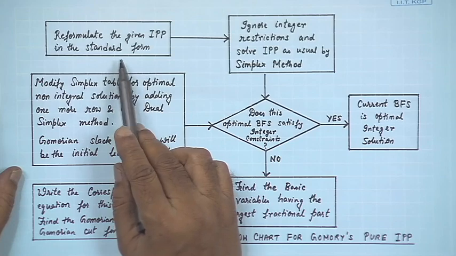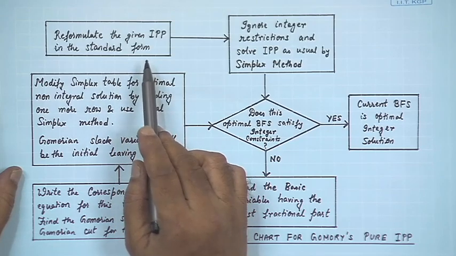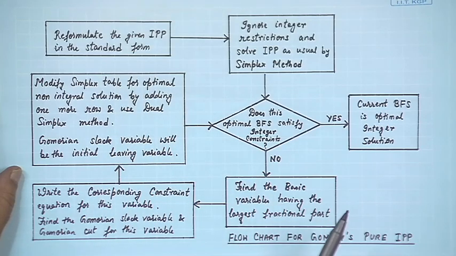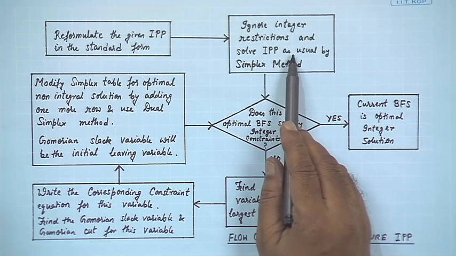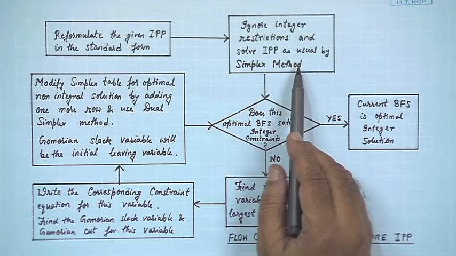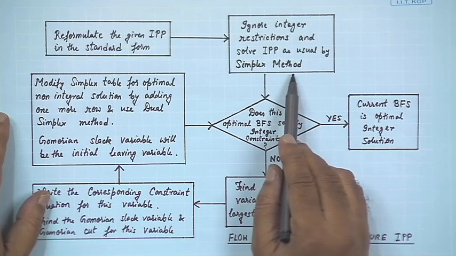Step 1: reformulate the integer programming problem in the standard format. That means make it a less than or equal to type constraint, and the problem should be a maximization problem. Step 2: ignore integer restrictions and solve the IPP as usual by the simplex method.